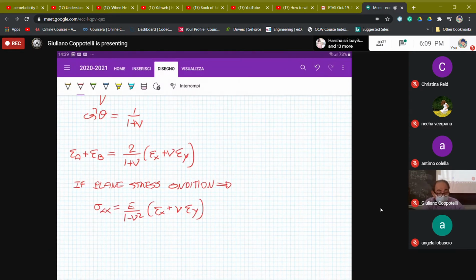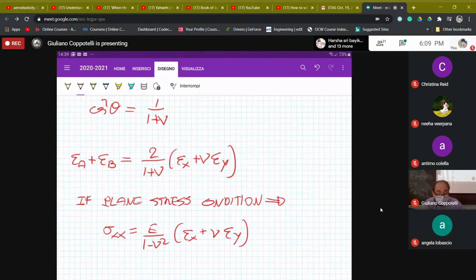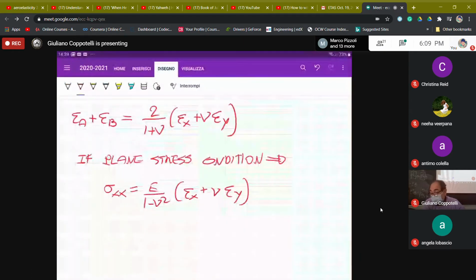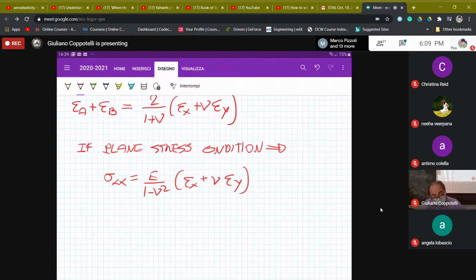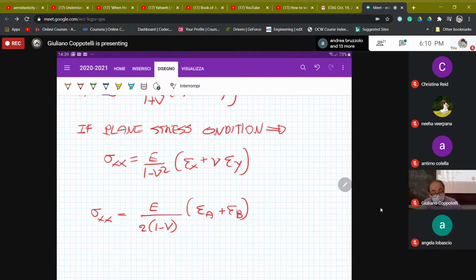Just put the previous equation into this plane stress equation, and what we get is that sigma xx, the normal stress, is equal to E over 2 times 1 minus nu, times epsilon A plus epsilon B. And that is your final equation.